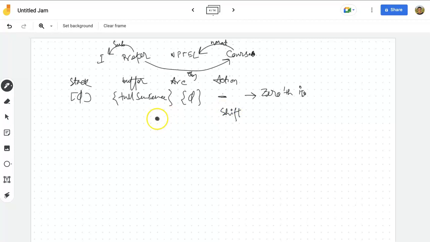If we take the shift option, then I goes into the stack, and the buffer holds prefer, then the rest of the sentence. Then the arc is empty. This is the first iteration.